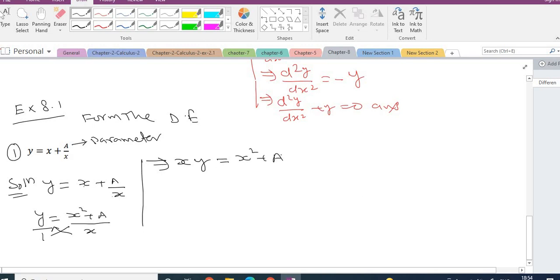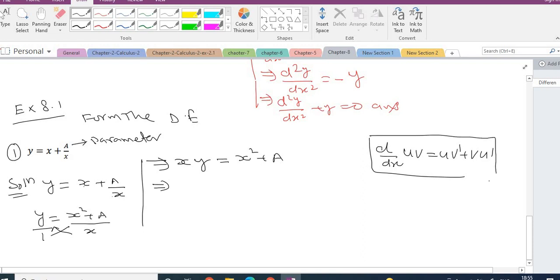Now a parameter is given, so we need to differentiate one time. Differentiating this means using the u into v method, that is d/dx of uv is u v dash plus v u dash.